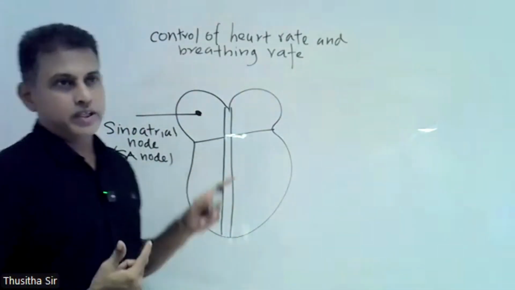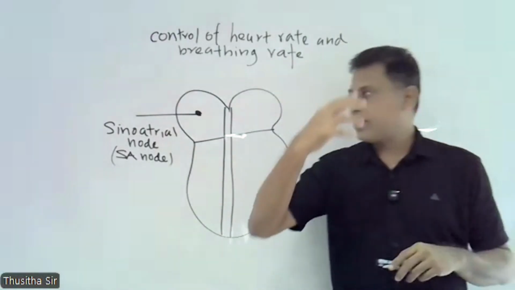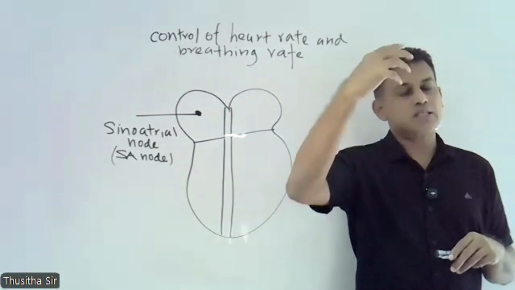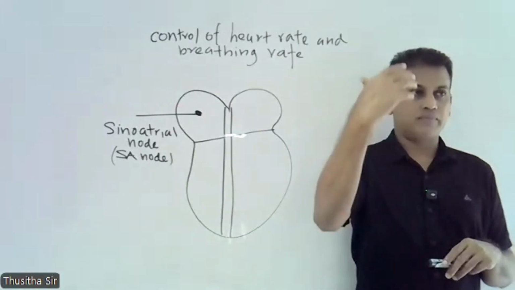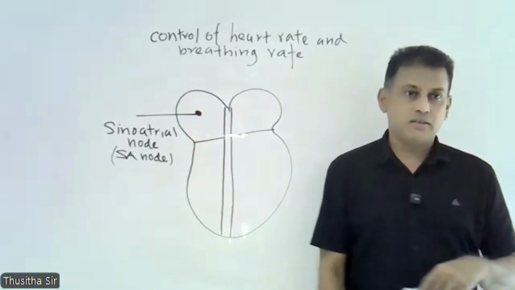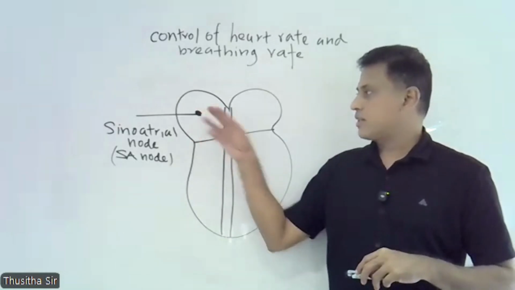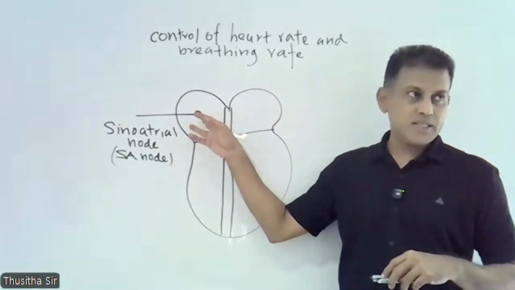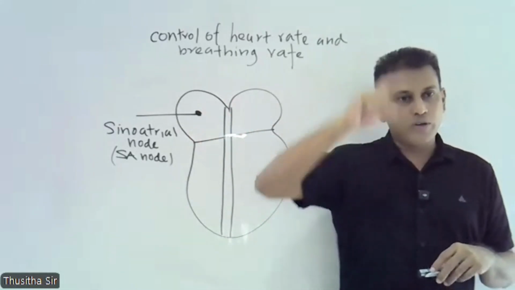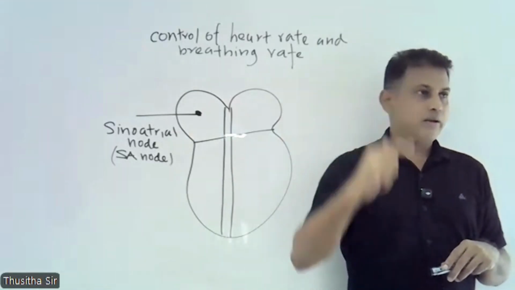We don't need to learn how it happens; it's because of spontaneous ions going in and out of the cells that make this depolarization and repolarization. It seems life is here, because if it stops, everything stops. That's a tiny place of specialized muscles that can rhythmically depolarize and repolarize.